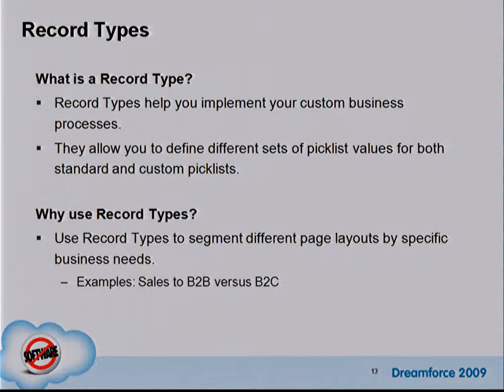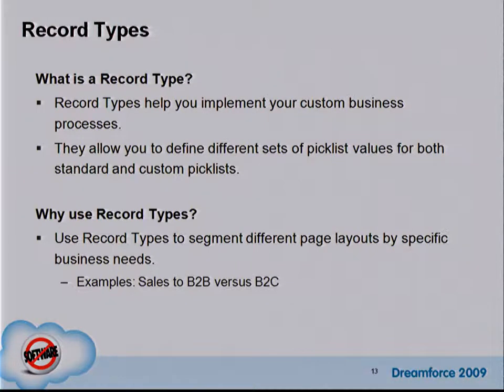And we also have this concept of a record type. This is one of the mechanisms that the system uses to determine what page to display when someone wants to create an opportunity of a certain type. So one of the things this thing called a record type can do says, hey, I sell to the enterprise. I sell business to business. I need to see this business to business page when I'm creating my opportunity record.